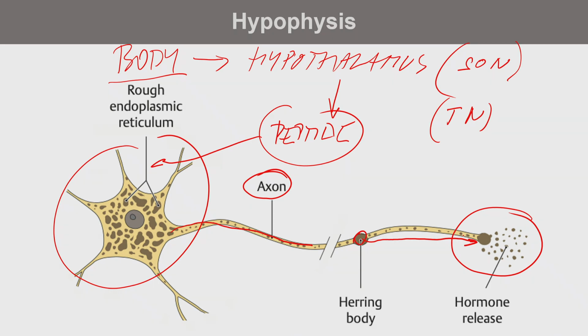Then at the tip of the axon, localized in the neurohypophysis, it is released, and those peptides are taken by the blood and transported to the site where their effect is.